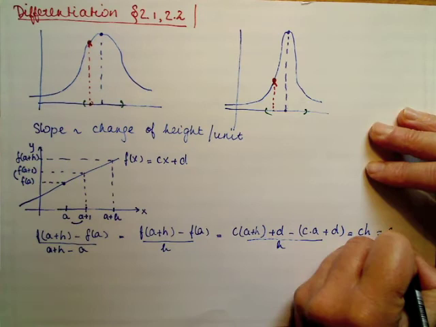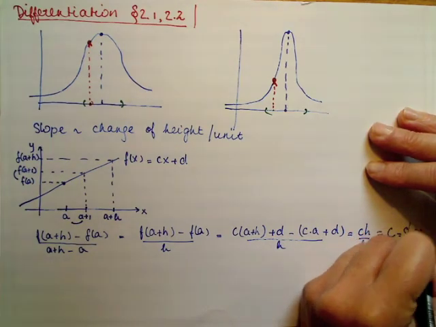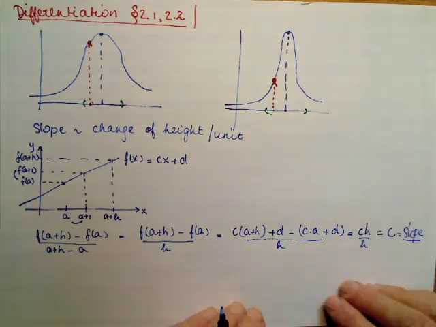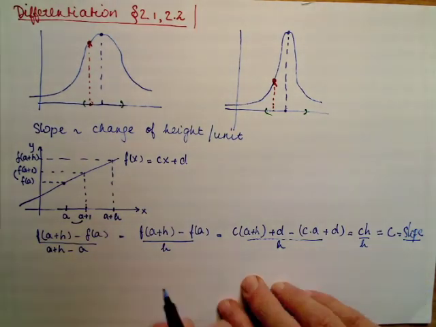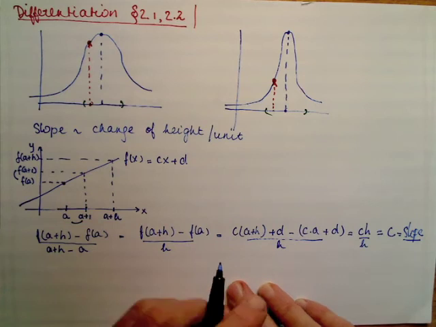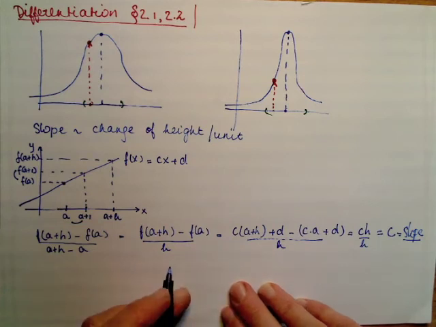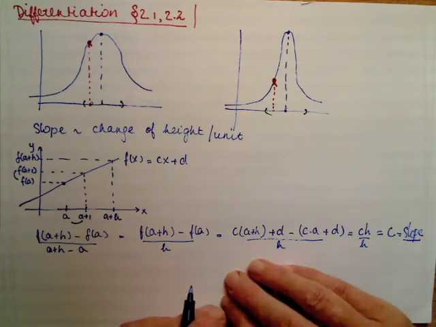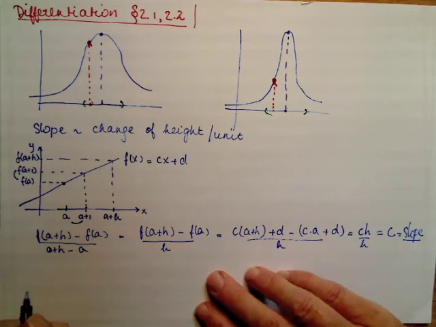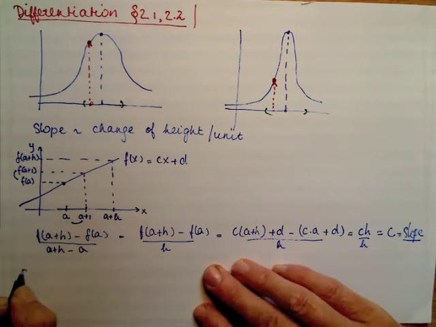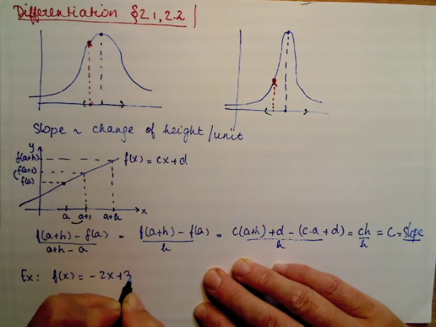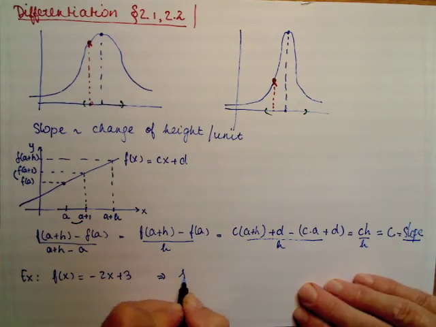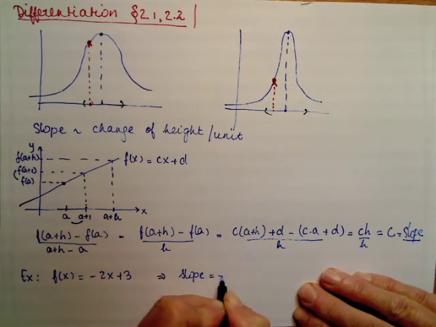So the slope is in fact c, and c is precisely the coefficient of x in our formula for the linear function. So the slope has a very nice and easily computed value over here. Let us give a small numerical example. If our function f of x is equal to minus 2x plus 3, then the slope would be minus 2.